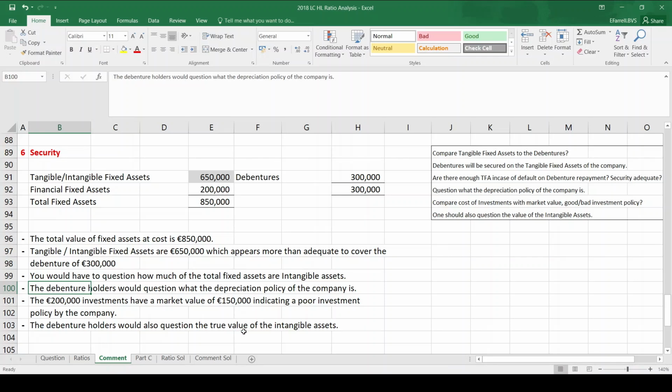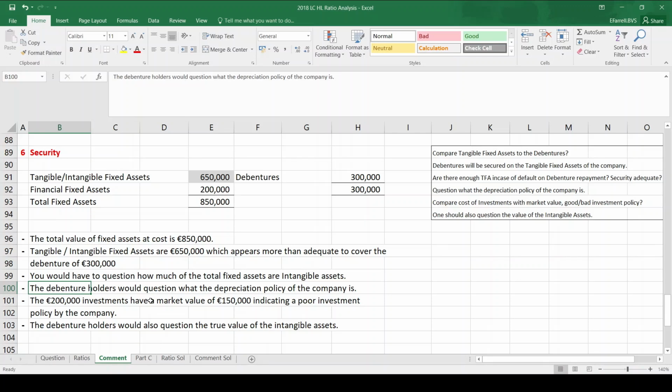We don't know anything about those intangible assets, so it's just a sentence we put in. So there does seem to be adequate security for the loan. And another sentence you could put in also is that the debentures are always secured on the tangible fixed assets of the company.